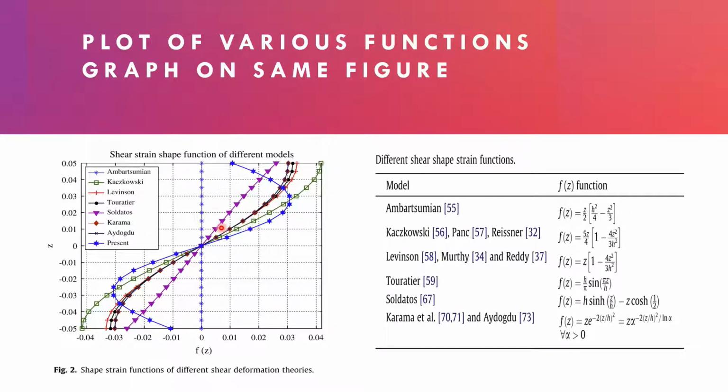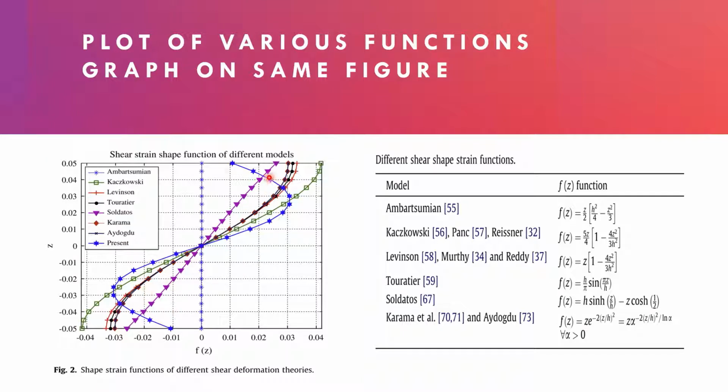And the third one we can see here corresponds to different functions f(z): Ambatsonian and Kazakvis, f(z) Levinson, f(z). Each author has chosen their own functions and they are very close to each other. The functions are plotted here and compared.